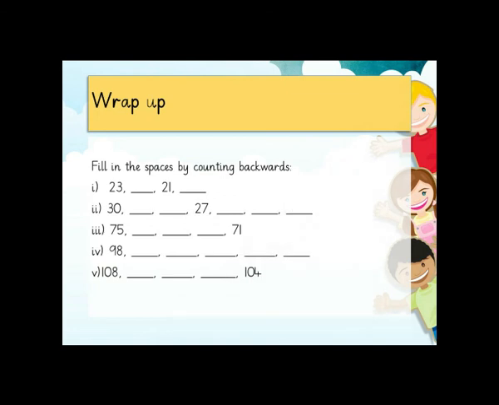Well, I hope that you have completed the given task conveniently. Let's come up towards the wrap-up session. Fill in the spaces by counting backwards. 23, then after 23 counting backwards come, yes, 22, then 21, and after 21 counting backward it comes 20, correct. In number 2 there is 30.